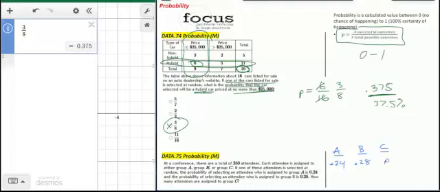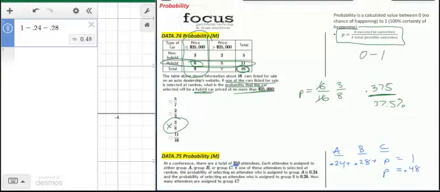Well, if we want to find the probability of landing in C, we know that the probability of all of these combined is 100%, or a value of 1. So the first thing would be to combine these and calculate. If we took 1 and subtracted the given probabilities, 0.24 and 0.28, P would have to equal 0.48. So that means there's a 48% chance of landing in group C.